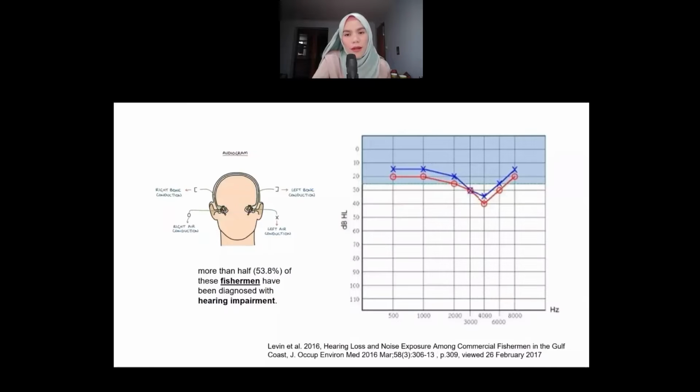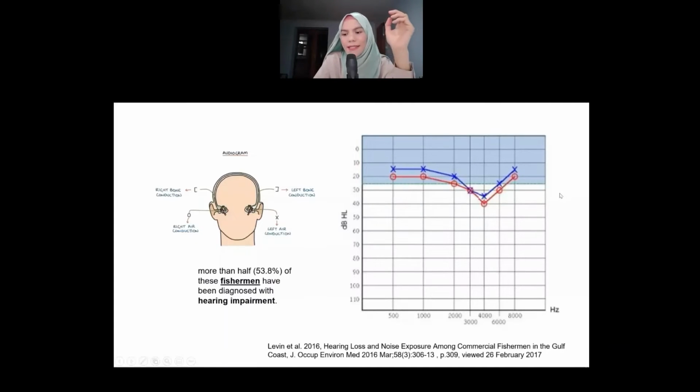This is our diagram. The circle in red line represents the right ear, and the X in blue line represents the left ear. Normal hearing is 0 to 20 decibels. If more than 20, it represents abnormal.